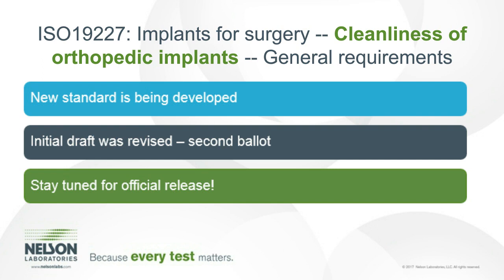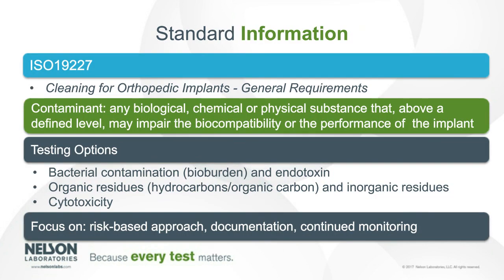Just to run through, this is based on the draft document, so there could be changes here, but this is the general gist of the standard, what it's going to be about. The standard talks about how these cleaning validations should take a risk-based approach in setting up the validation and testing plan.